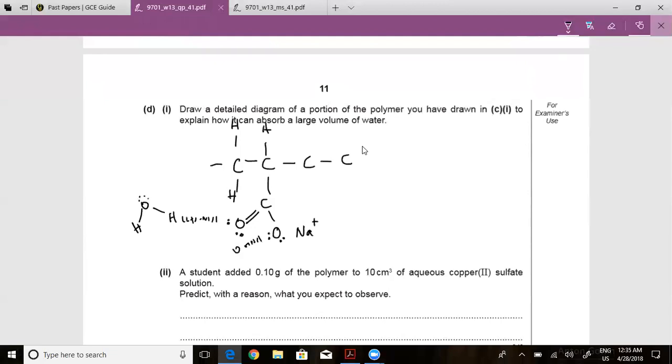Similarly this makes another, again H-O-H, again lone pairs are essential, and then this also makes one with an O, with two lone pairs on the oxygen, and this H. Sorry, just one H. Doesn't the hydrogen also have to be attached to a highly electronegative atom to form a hydrogen bond?